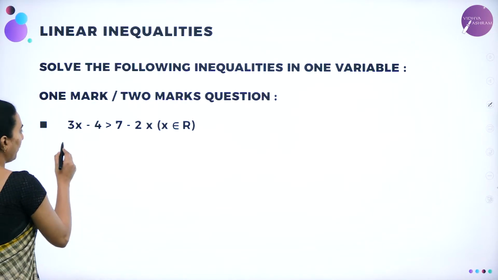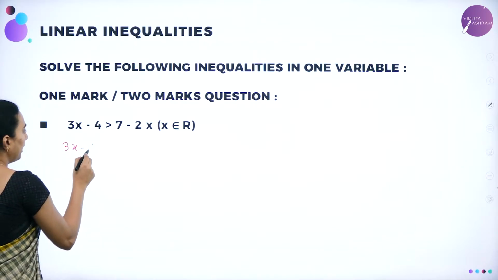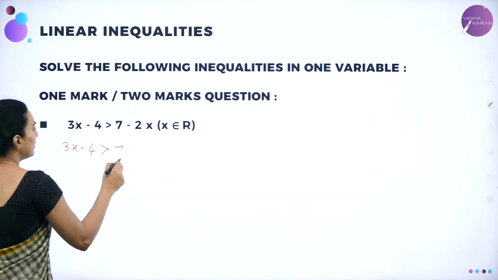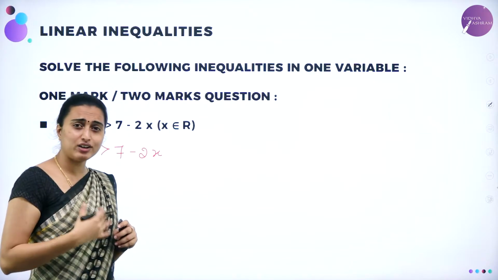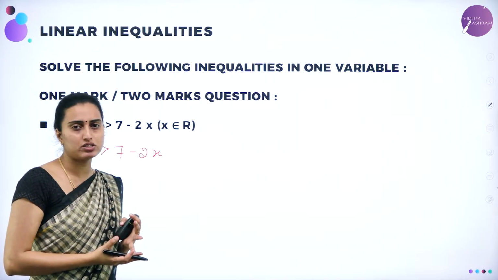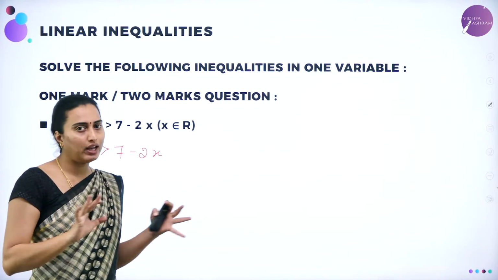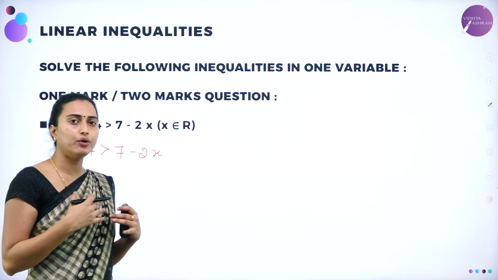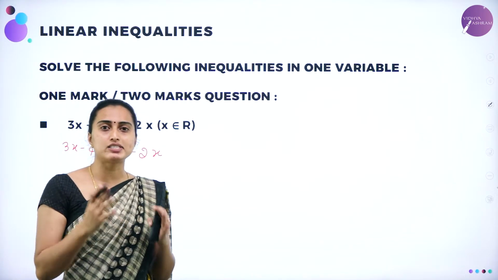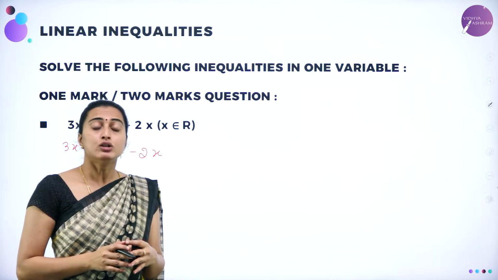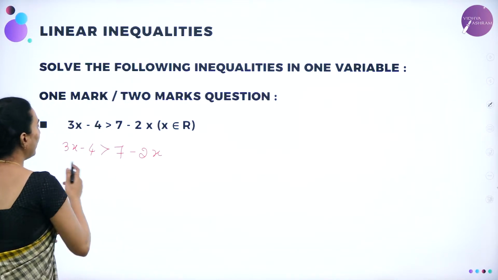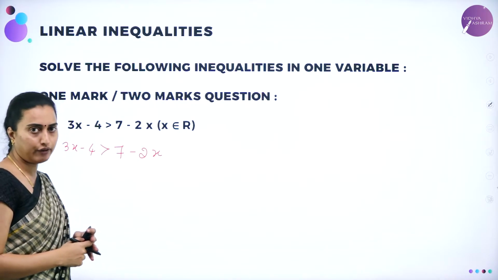See, the question is 3x minus 4 is greater than 7 minus 2x. Now, if I add or subtract any expression or any number, the inequality does not change. So what I am going to do here: I want to collect the x terms on one side and the constant terms on the other side. So here I am going to add 2x to either side of the inequality.